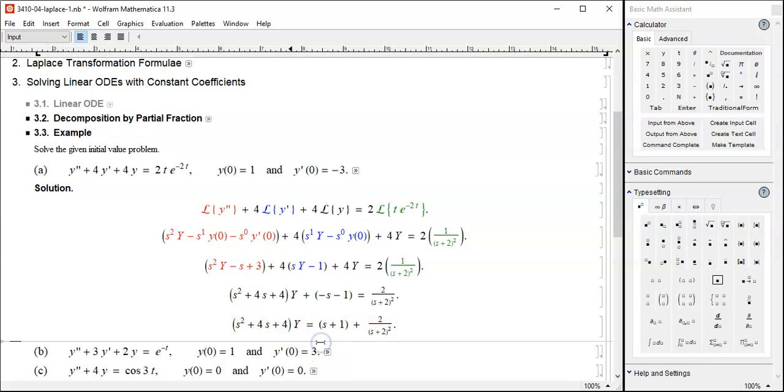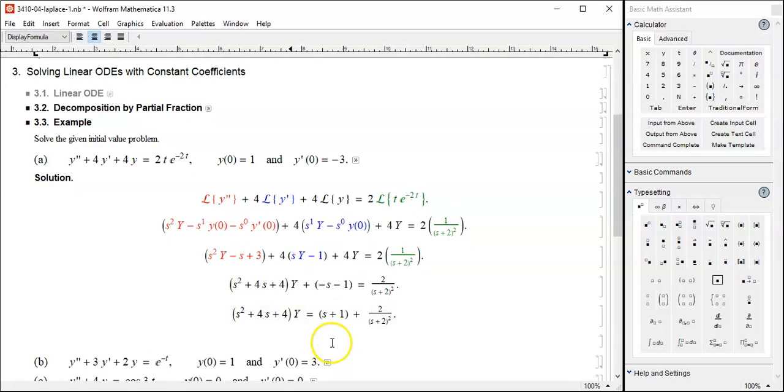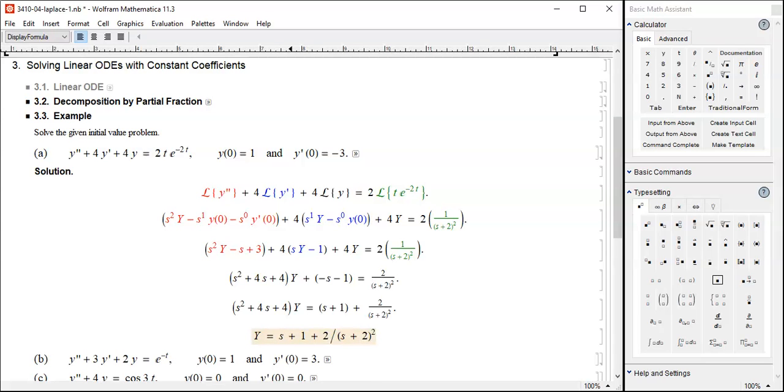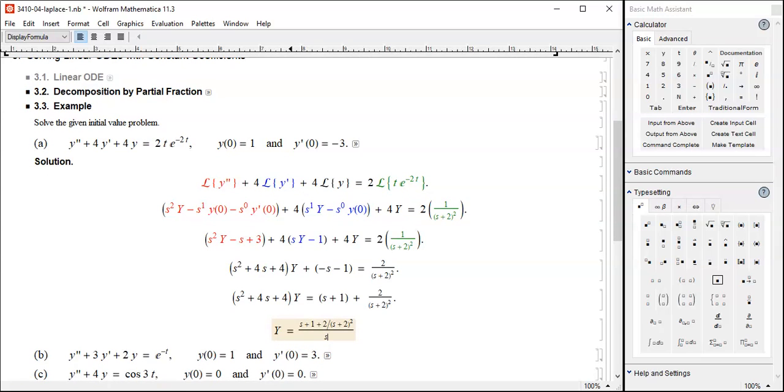Okay, all right. And then I'm going to get Y equals s plus 1 plus 2 over s plus 2 total quantity squared. And then the denominator down here is s squared plus 4s plus 4.